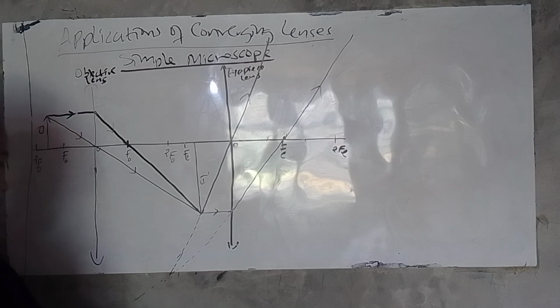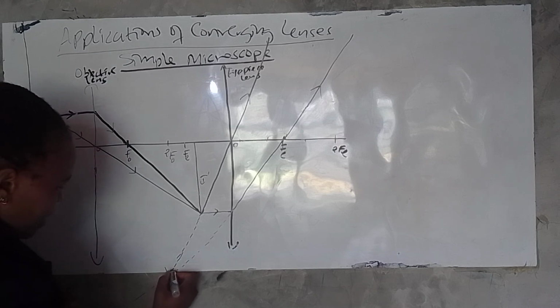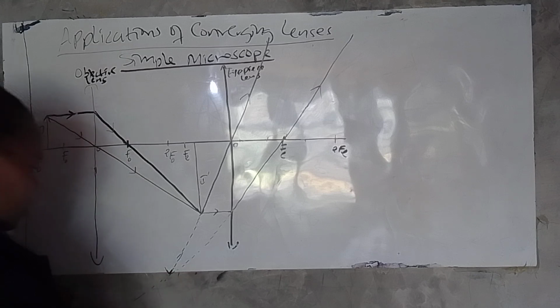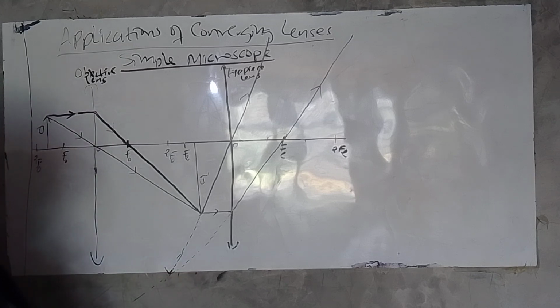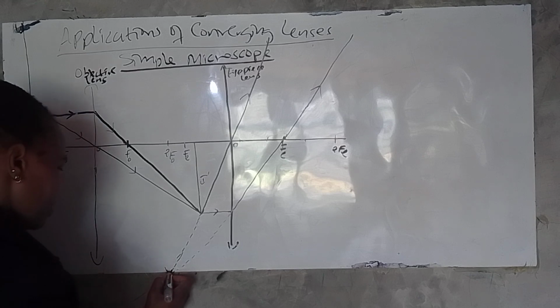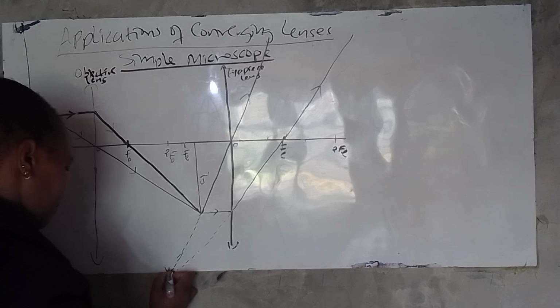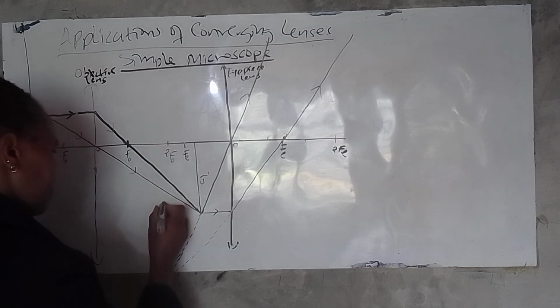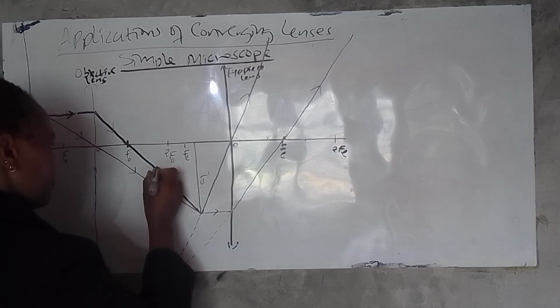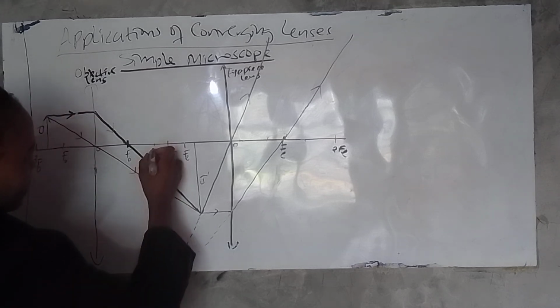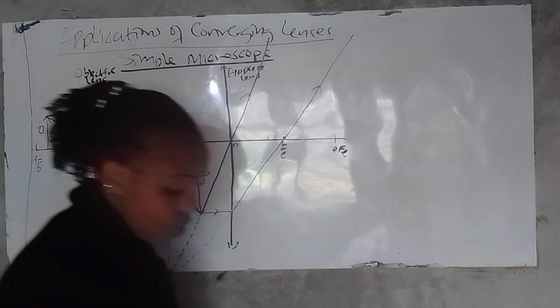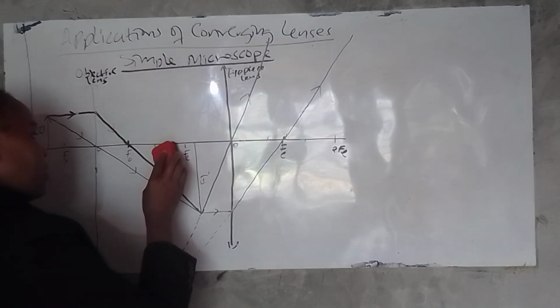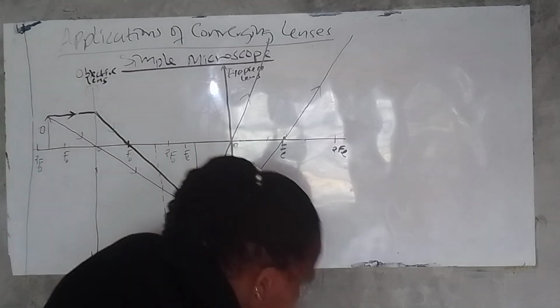We draw the ray like that, and a straight line which is dotted, of course. Okay, that's our image. Now let's call our second image I prime prime.